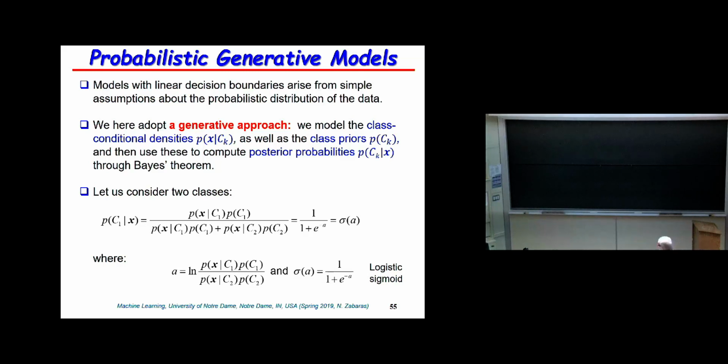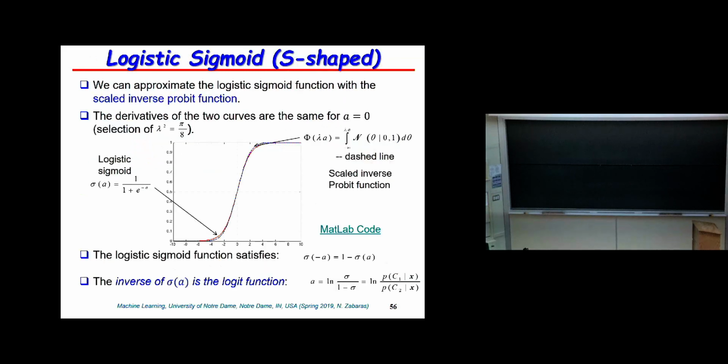Before I do anything, because I will need this in the lecture on Tuesday, let me give you an approximation of the sigmoid function that's very powerful. The proof is actually in some other lecture. You may be able to locate it on my website. Effectively, you can approximate the logistic sigmoid with what is called the scaled inverse probit function, which is nothing else but the CDF of the standard normal distribution computed at lambda a.